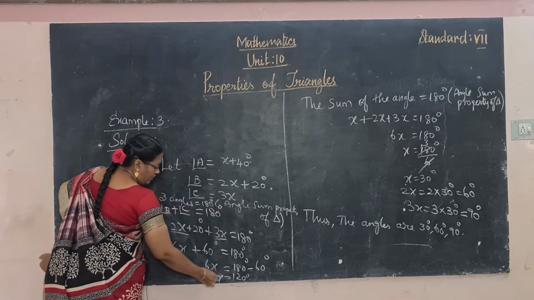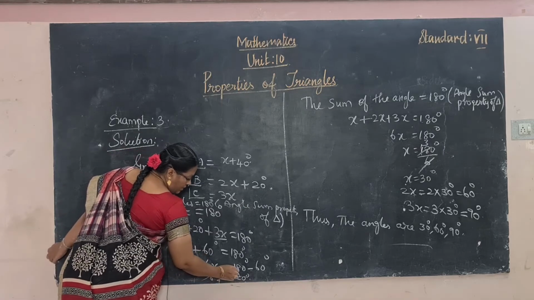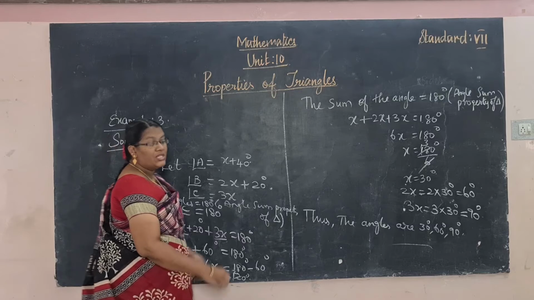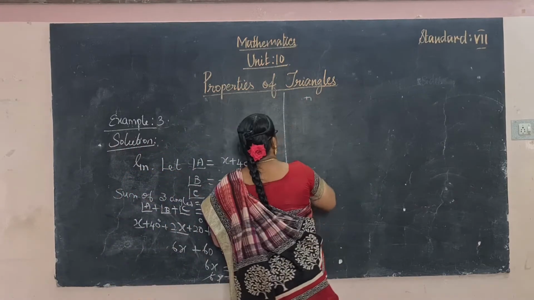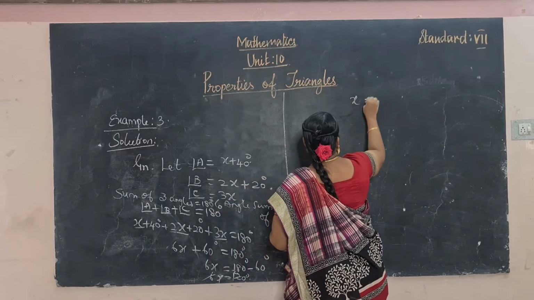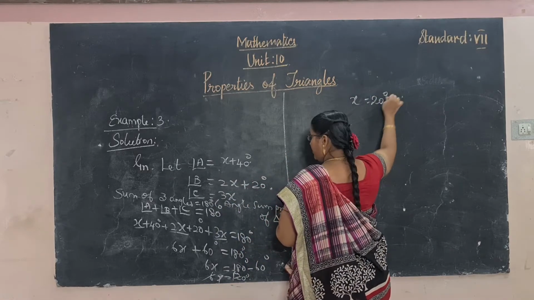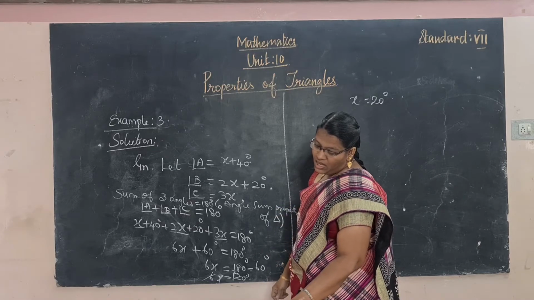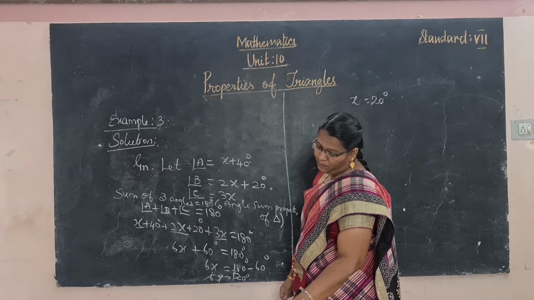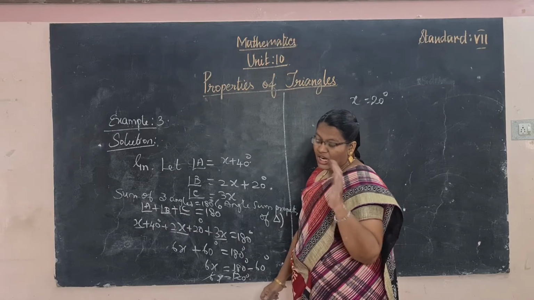Here 6x, 6 twos are 12, so the x value is 20. x equals 20 degrees. Find the value of x. Also state which type of triangle.